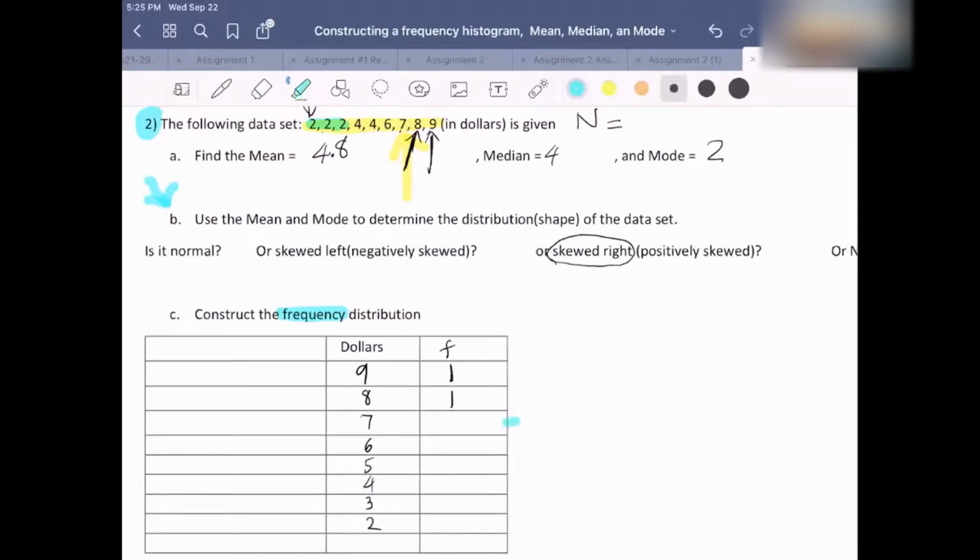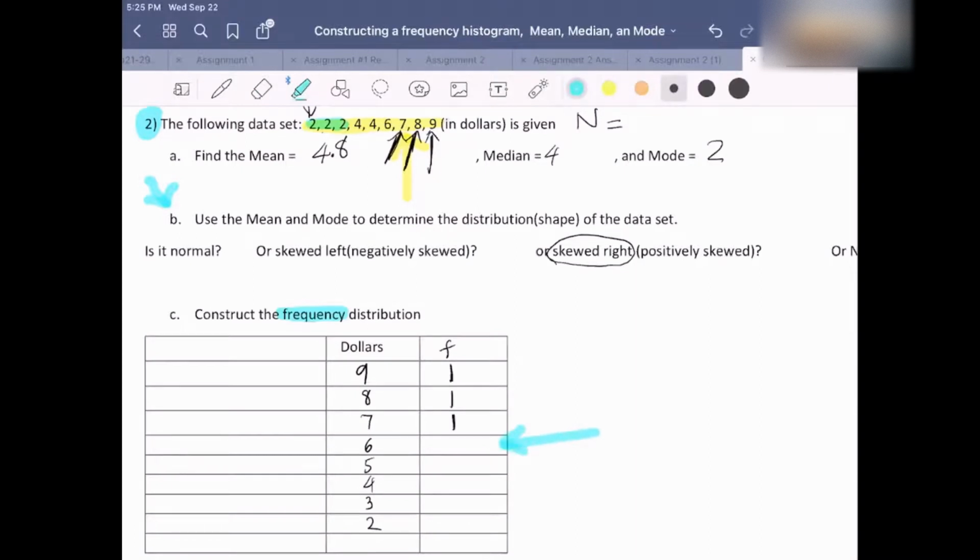Use a different color. Number 7. Let me see. How about Laith? Can you tell me what is the frequency of number 7? 1. All right, 1. And you can see that 7 appears only once. So the frequency is 1.